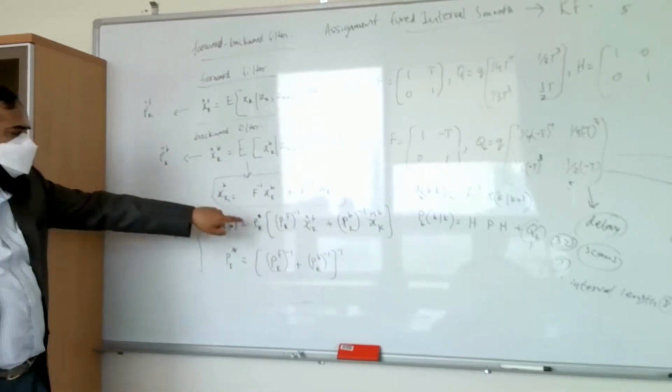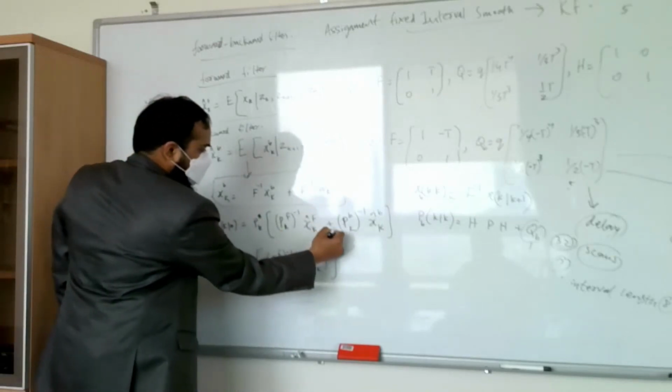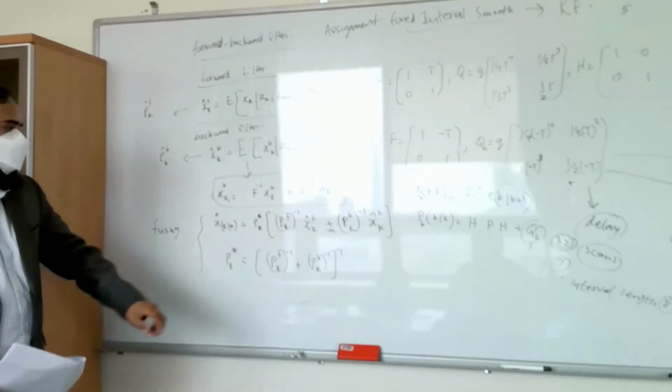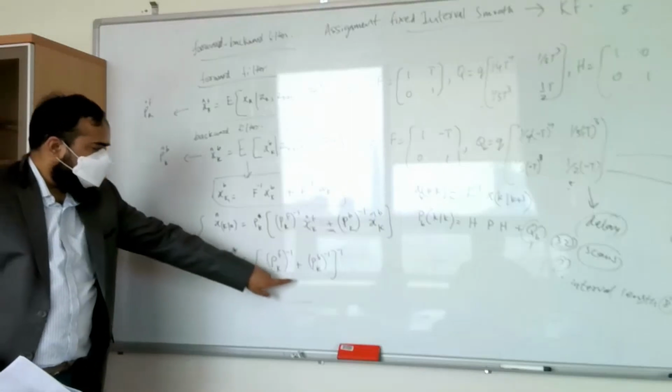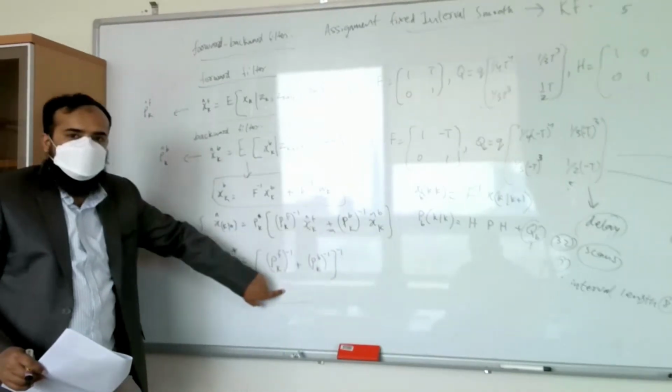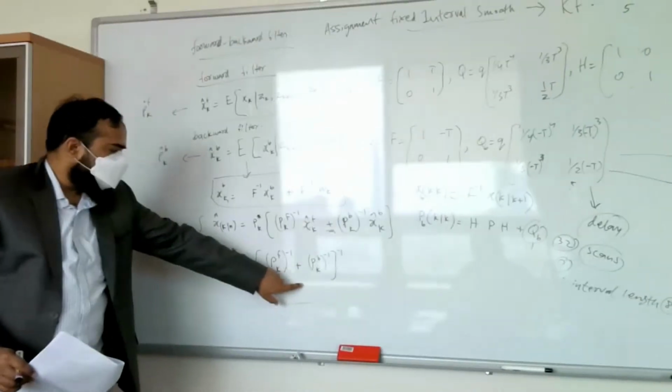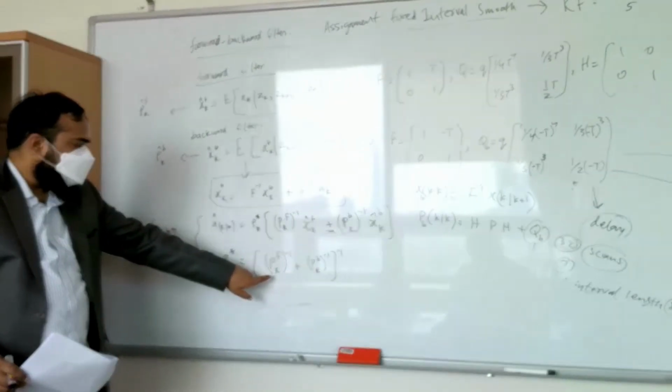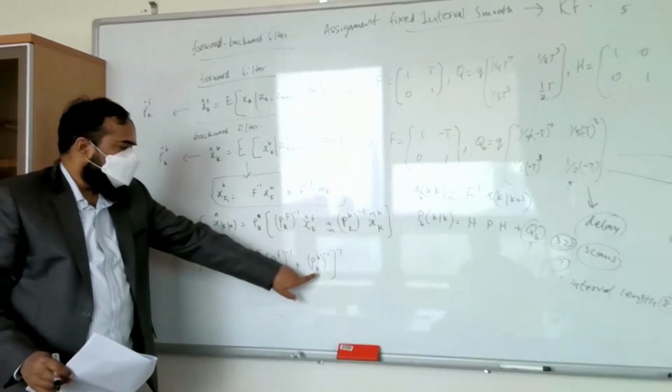Okay, then you have to add, and multiply this thing with this inverse covariance matrix. And in this covariance matrix we have added the covariance of the forward and the covariance of the backward.